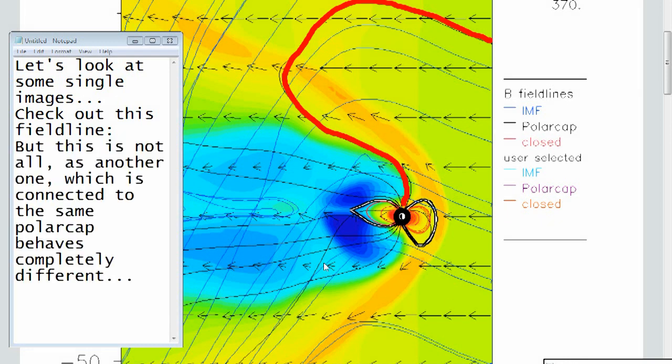But this is not all, as another one, which is connected to the same polar cap, behaves completely differently.